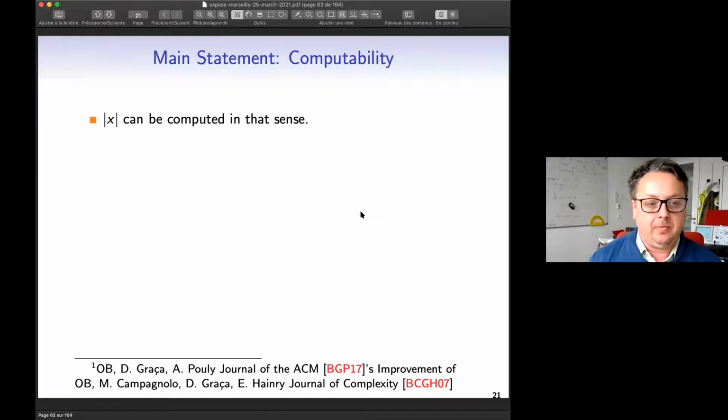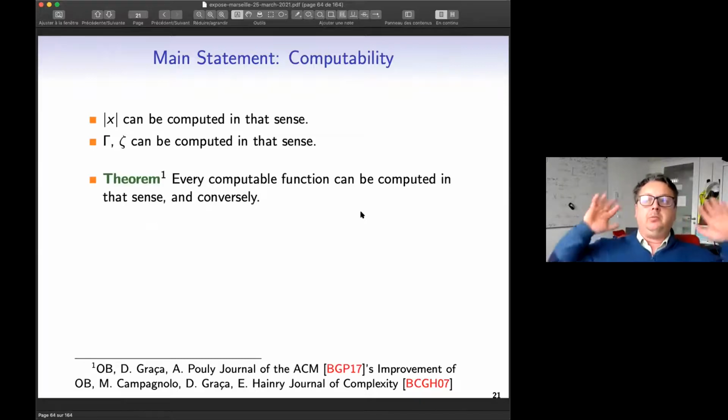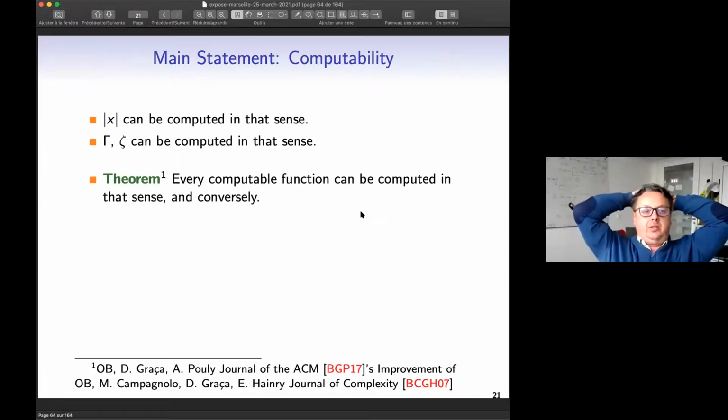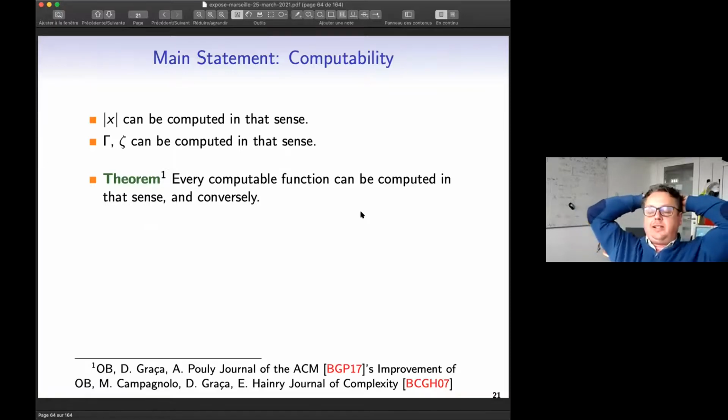Okay. So the point is that if you take this notion of computation, so not real-time computation, but this more modern notion of computation, the absolute value can be computed. And actually the famous two counterexamples, gamma and zeta, can be computed. This was proved by Daniel Graça in 2004.